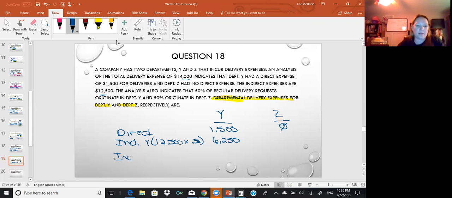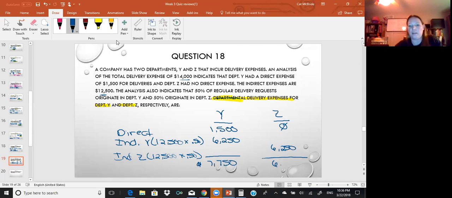And indirect for Z is going to be the same because they divide it the same. $12,500 deliveries times 50%, 6,250. So the total fees for Y is 7,750, and the total fees for Z is 6,250.